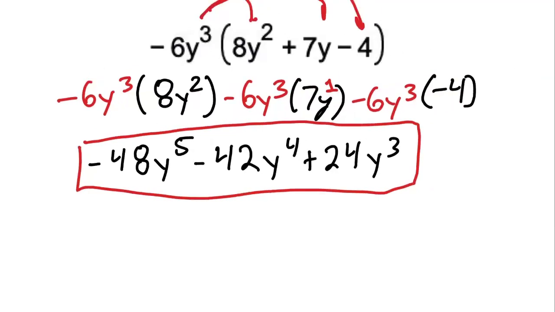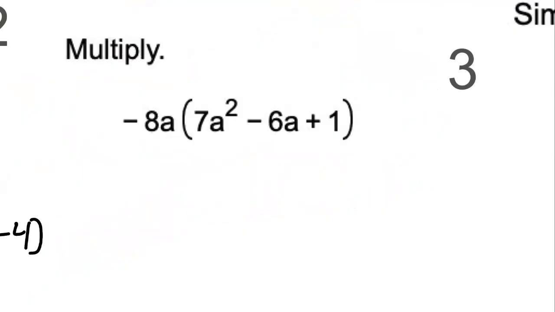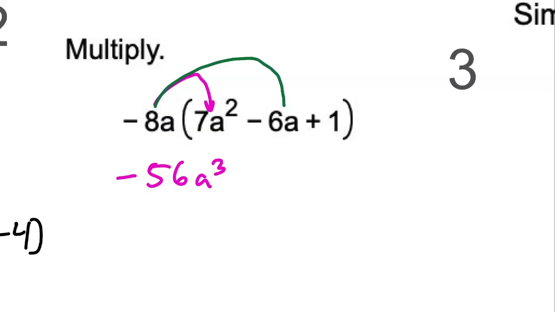Okay, so here's a short method of doing it. Number 2, when you do distribution for the short method, you just multiply across. Negative 8 times 7 gives us negative 56. A times a squared gives us a to the power of 3. Negative 8 times negative 6 is positive 48.